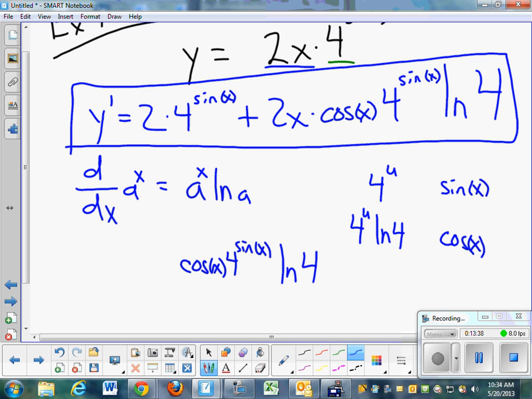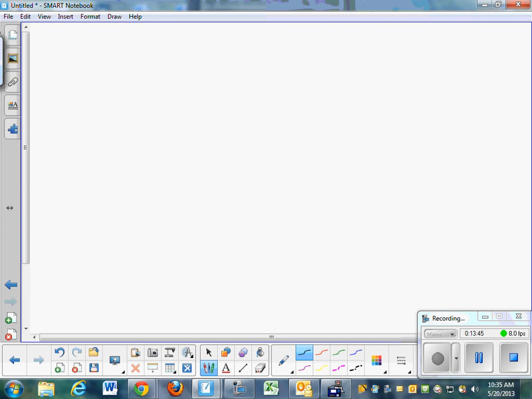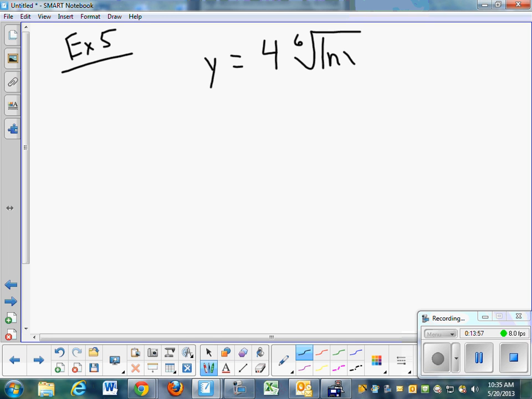Okay, let's try a slightly different type of problem. So we've got y equals 4 times the 6th root of the natural log of x. What to do, what to do.